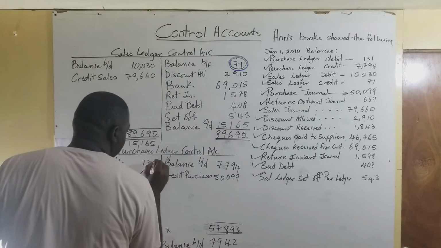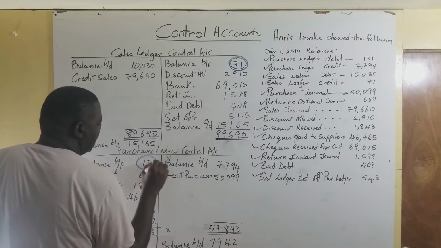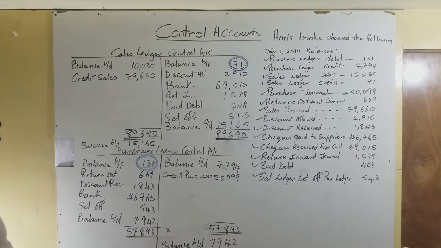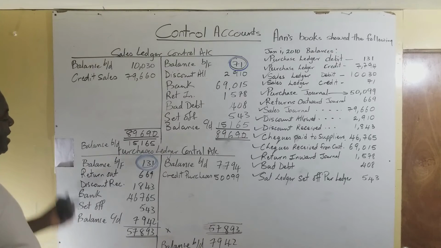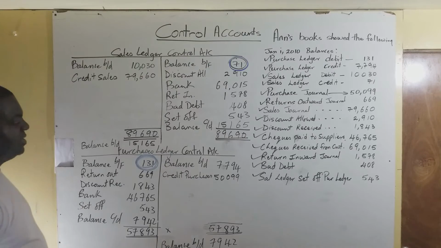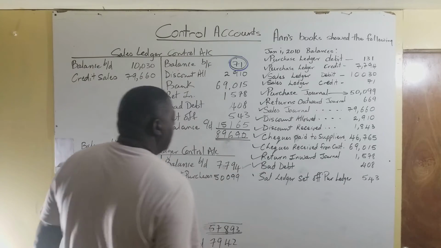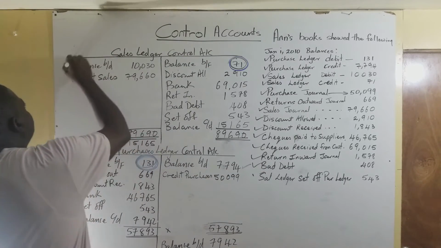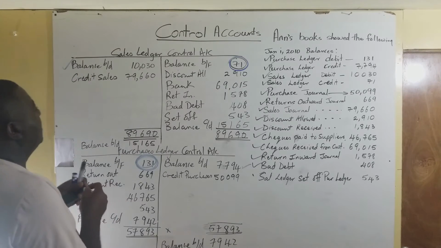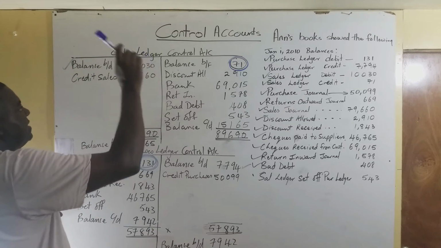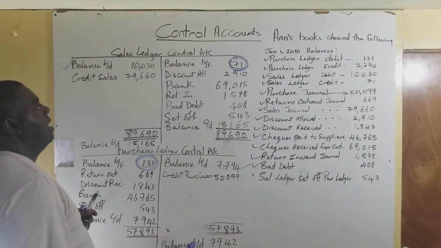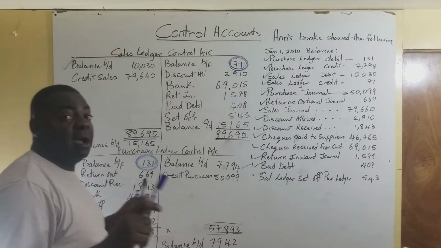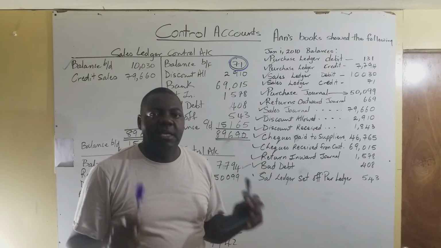The same thing with the purchases ledger. This figure is what was identified as an error in the previous purchases ledger that came over into this period. This is the normal balance. Yes, because we said that the sales ledger is dealing with debtors, and debtors are current assets, and debtors carry debit balance.